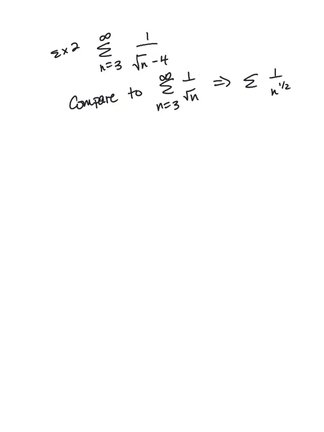So in this case, your n is the base. Remember, when n is the base, it's a p-series. So here, all right, this series is a p-series. So we have p equals 1/2, which is less than or equal to 1.